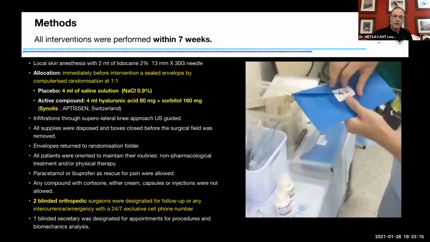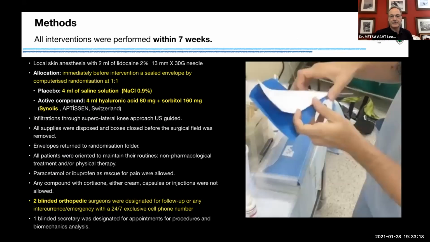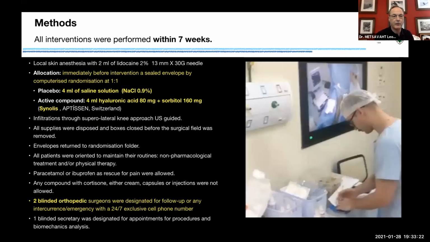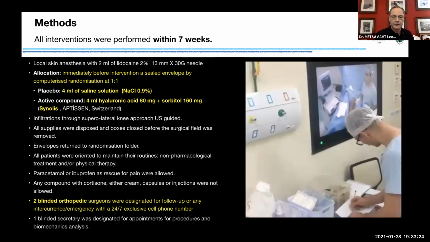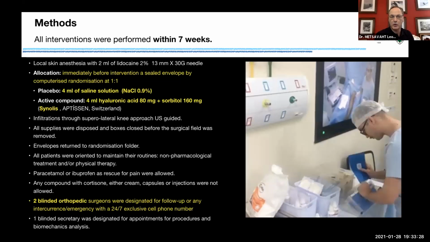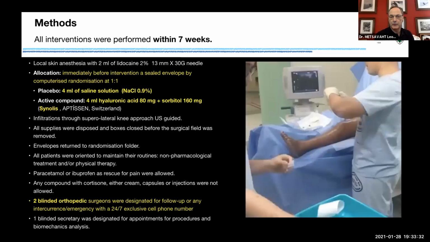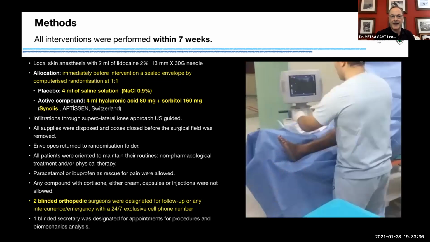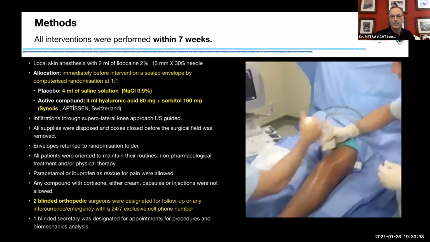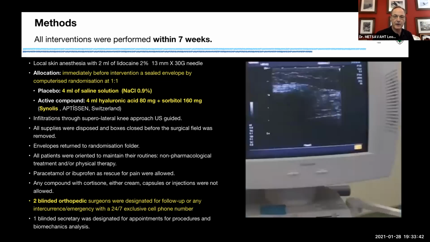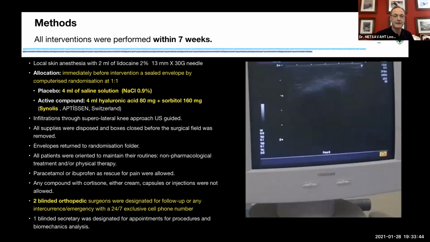And over here, on the right side, you're going to see one of the patients being treated, with all the steps. For every patient, we performed a local skin anesthesia with 2 milligrams of lidocaine with a subcutaneous needle. We opened the randomization envelope after the patient was anesthetized.